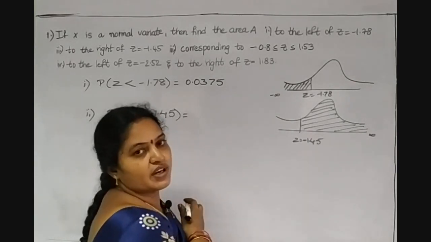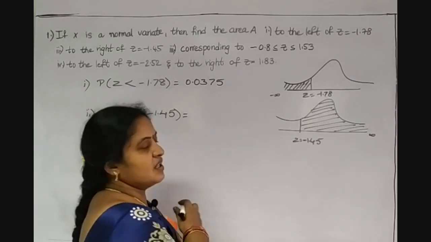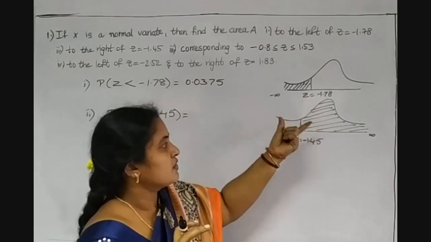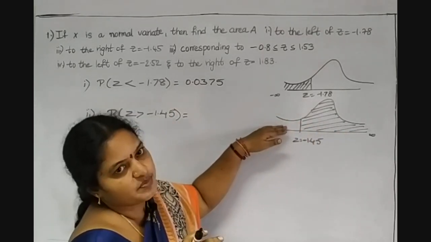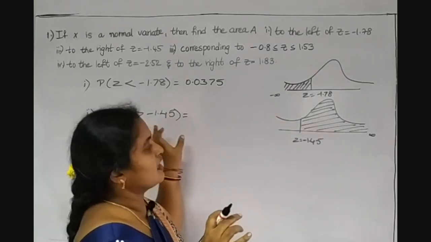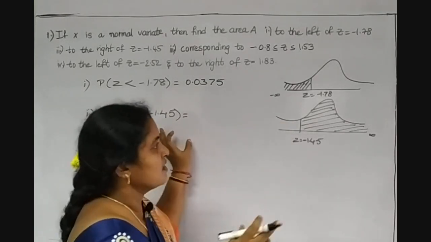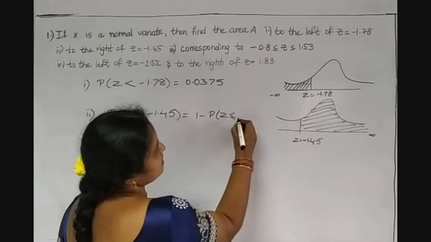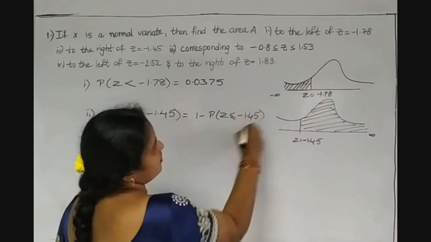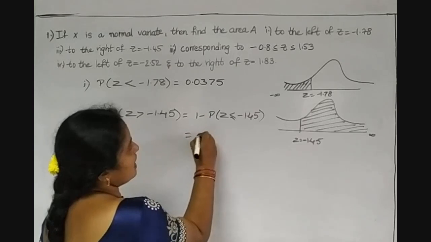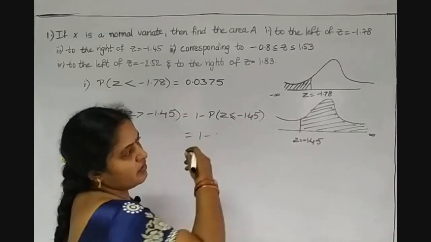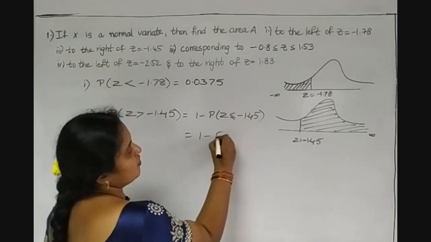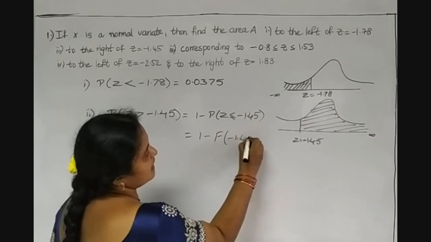To find this value, already we know that the total area under the curve is equal to 1. So we have to subtract this part, that is the left side part. So we will write P of Z greater than minus 1.45 as 1 minus P of Z less than or equal to minus 1.45. This is equal to 1 minus F of minus 1.45.